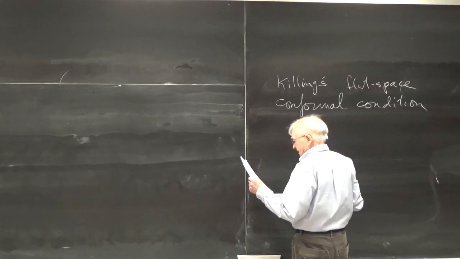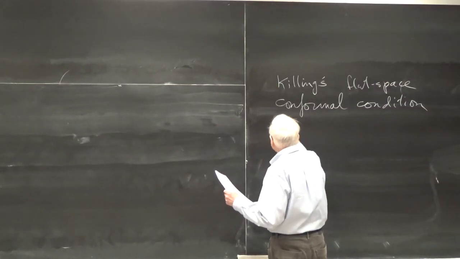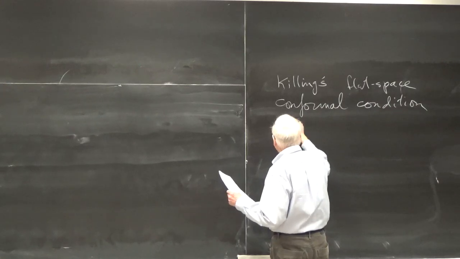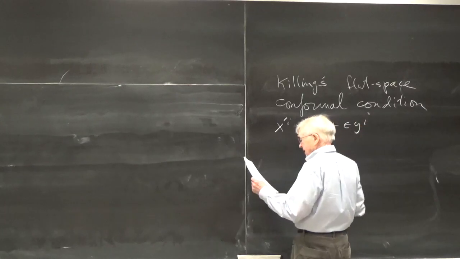So this is when x prime i is xi plus epsilon yi.